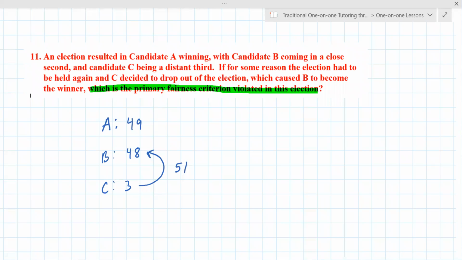So A wins against B. B's a close second, but C is really not in the race at all. But they're saying, well, what is the fairness criterion that is being violated here?